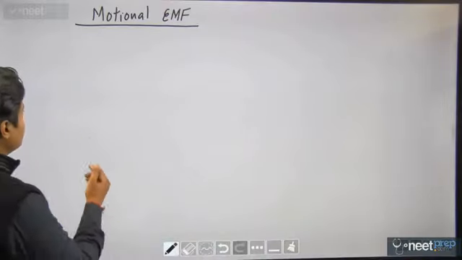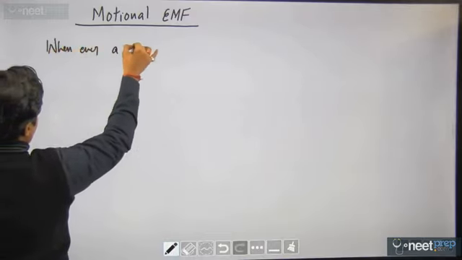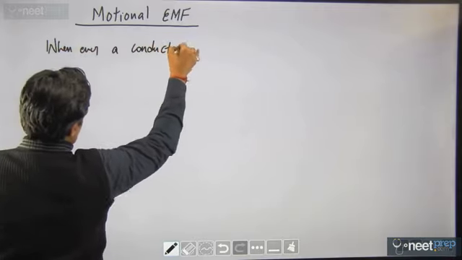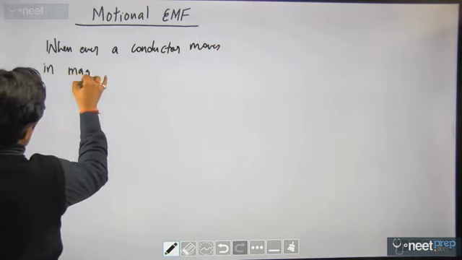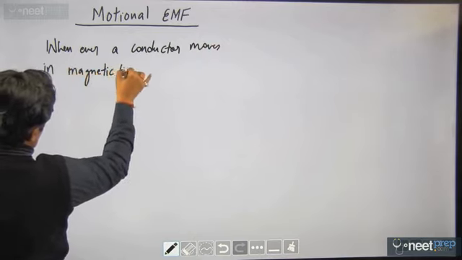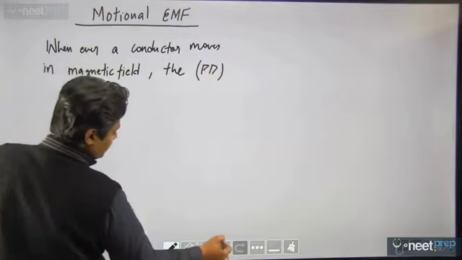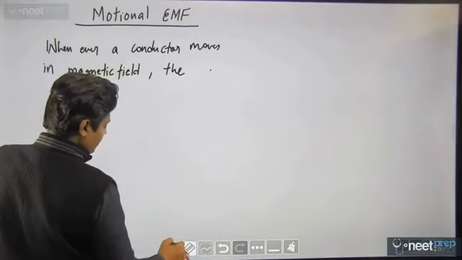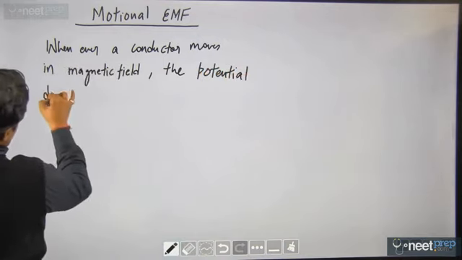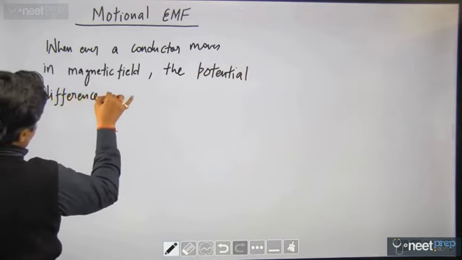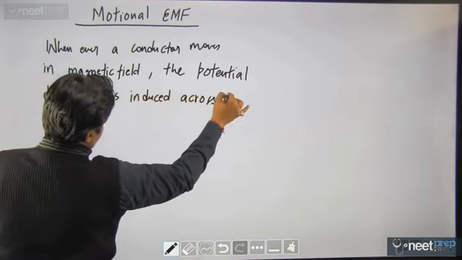So, motional EMF, the first thing: whenever a conductor moves in a magnetic field, the EMF, the potential difference, is induced across its ends.